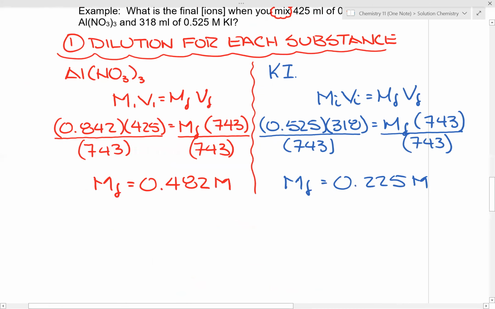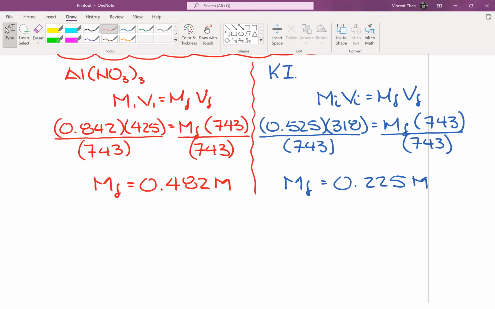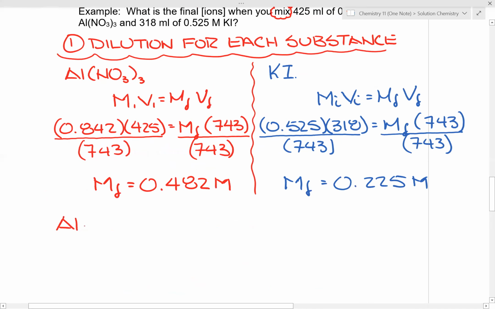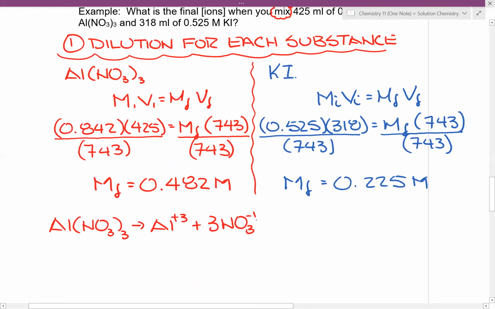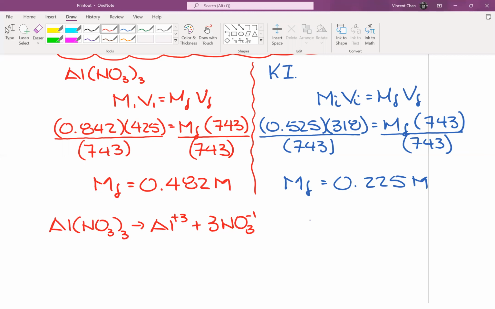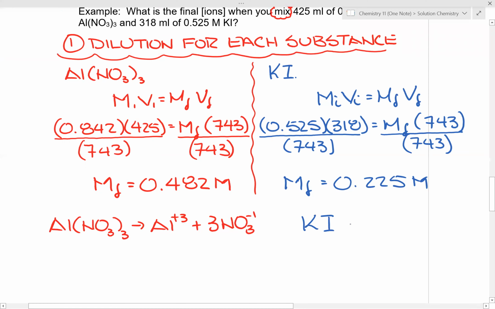So in this particular case, you have your aluminum nitrate, which breaks apart to aluminum plus 3 and 3 nitrates. And you have your KI, which breaks apart to K plus and I minus 1.